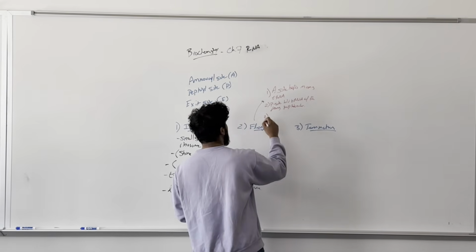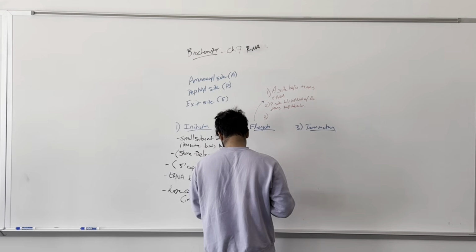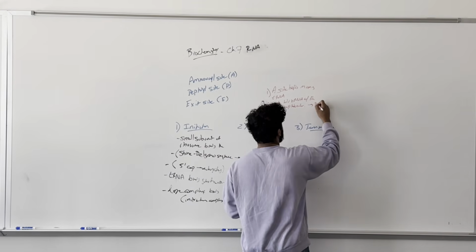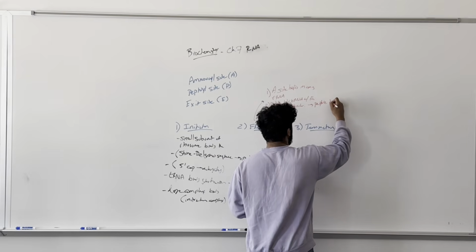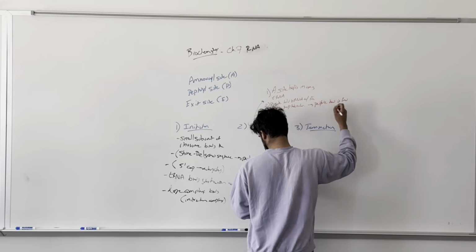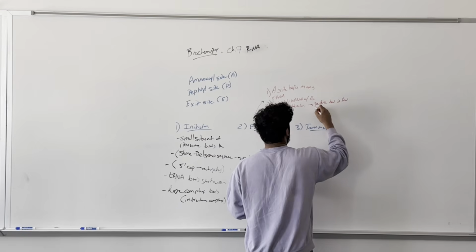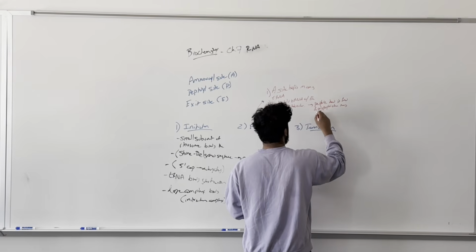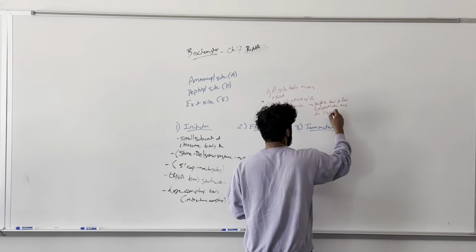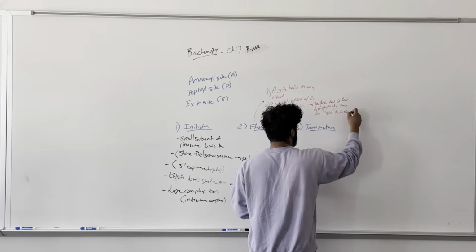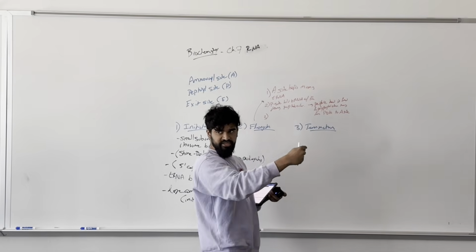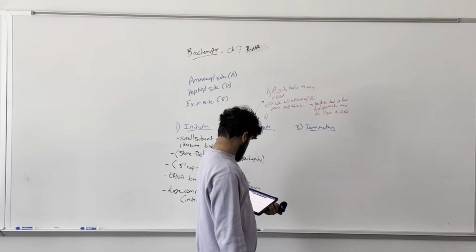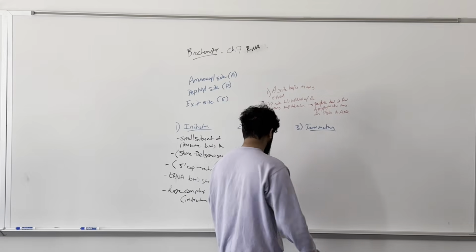And then after the transfer, well, I guess we should say that the peptide bond is formed, and the polypeptide chain moves from the P site to the A site.